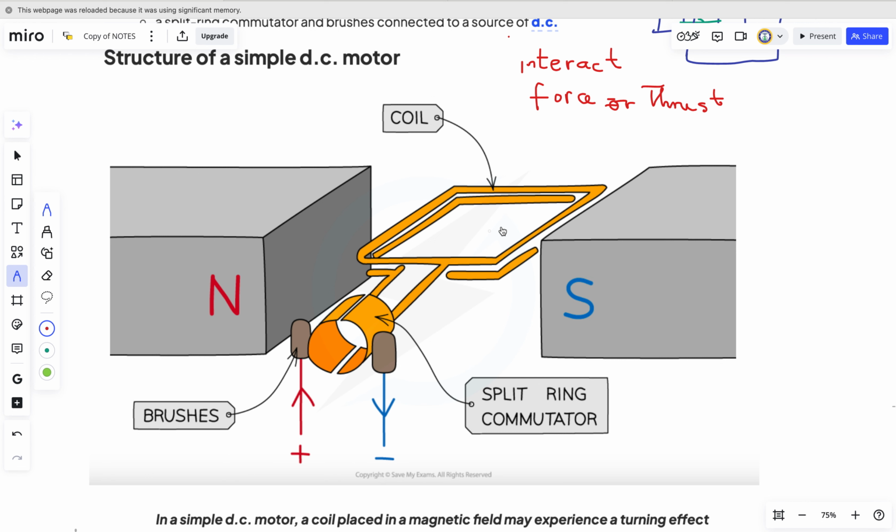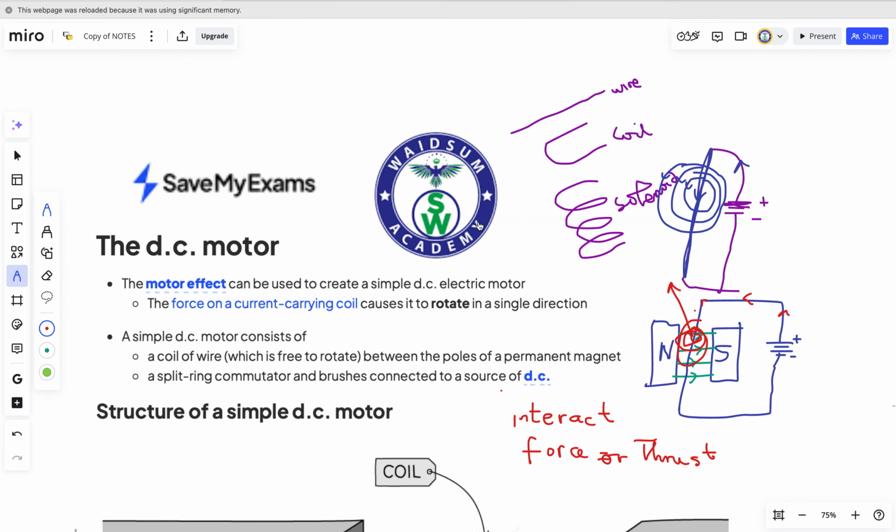To increase the force produced or to increase the rotation, you have to increase the number of turns. That's one. Number two is to use stronger magnets. Number three is to use a stronger battery, increase the cells of the battery. So these are three things you can do to increase the force produced or to increase the rotation of this coil. Okay? So that's what the question handled.